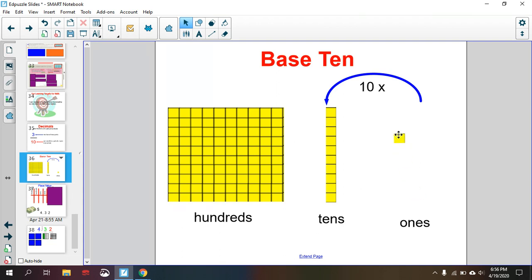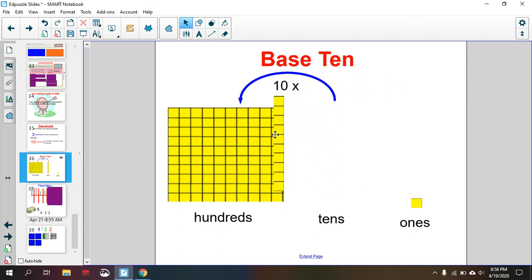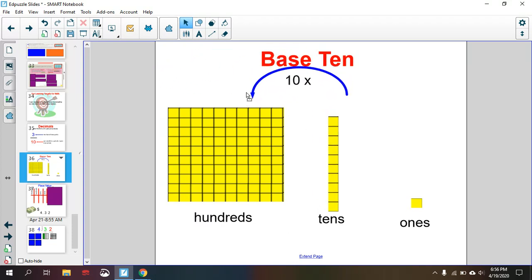For example, it takes 10 ones to make 10. We know it takes 10 tens to make a 100. We know it would take 10 hundreds to make a 1,000. And that's the way base 10 works. It always takes you 10 of that thing before to make the next thing. And decimals are going to be the exact same way.